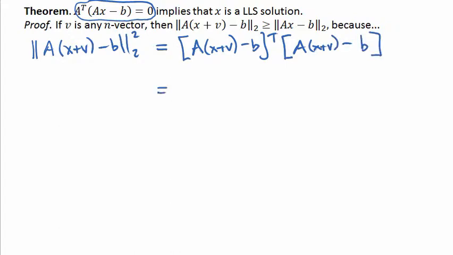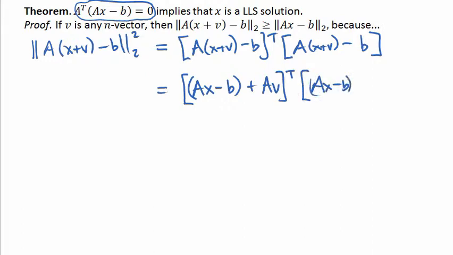Okay, and now I'm going to rearrange these pieces so that the v part stands on its own. So I'll have Ax minus b plus Av, and here I have Ax minus b plus Av.